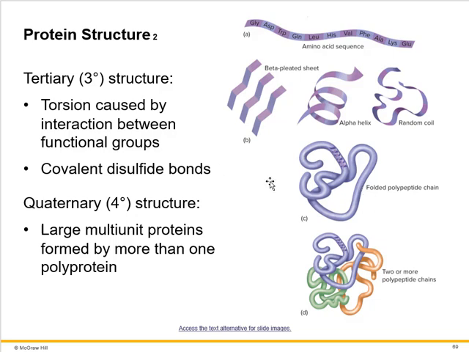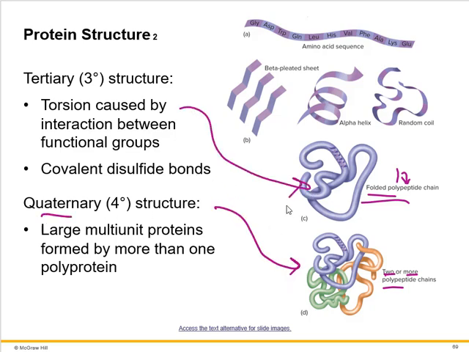So the tertiary structure is the folded polypeptide chain, and it's just one polypeptide. But when you have two or more polypeptides, this is called the quaternary structure. So this is the tertiary structure when you just have one polypeptide chain.